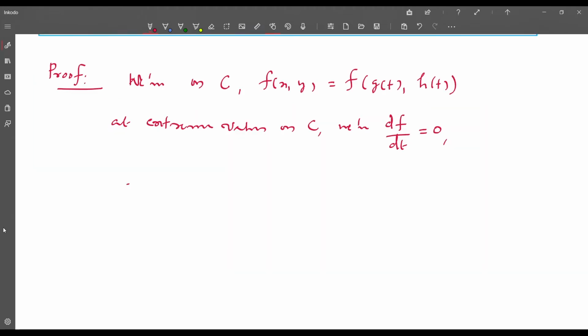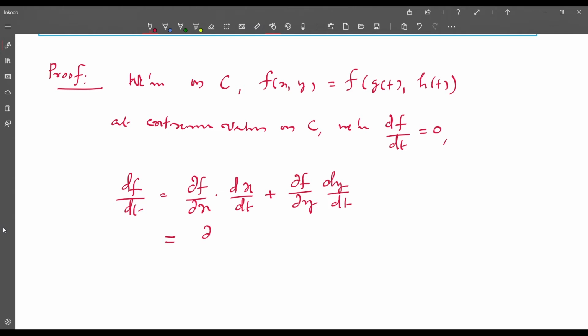But df by dt is dou f by dou x into dx by dt plus dou f by dou y into dy by dt. So this is equal to dou f by dou x into dg by dt plus dou f by dou y into dh by dt.